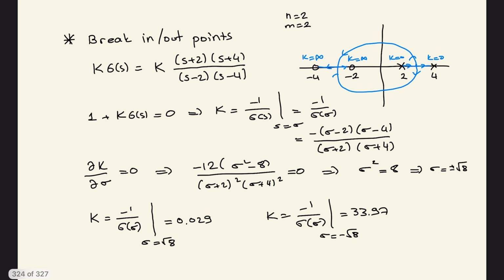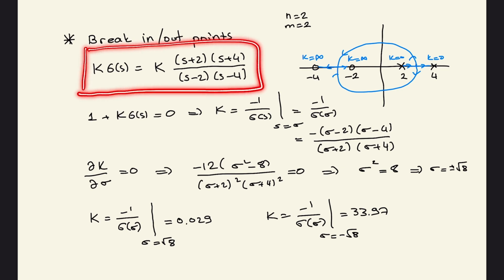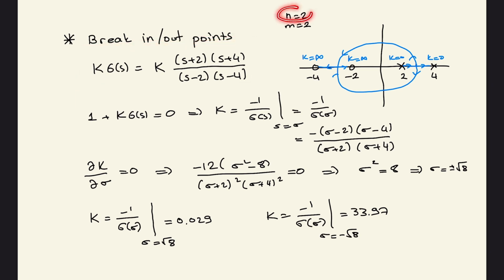All right, so I mentioned the breakout point. In fact, you may have break-in and break-out points. To illustrate this and introduce the final important root locus sketching rule, let's consider the unity feedback system with this forward loop transfer function. N equals 2, M equals 2, right? You have two zeros located at -2, -4, they are here. You have two poles located at 2 and 4, they are here.